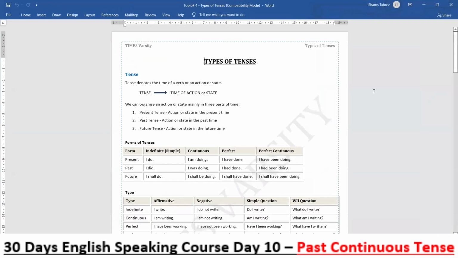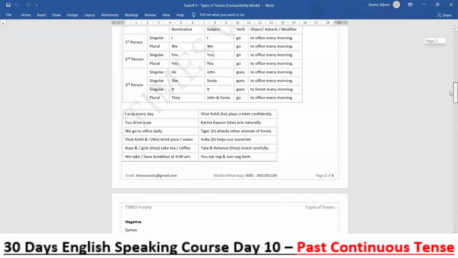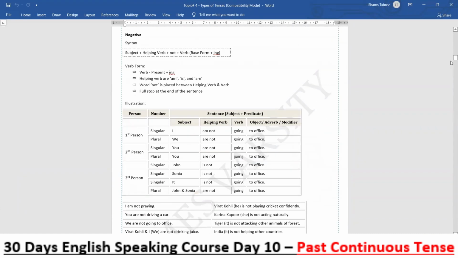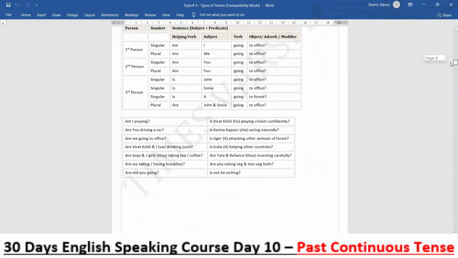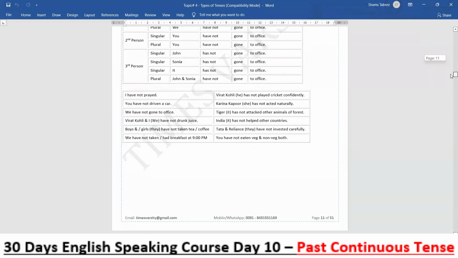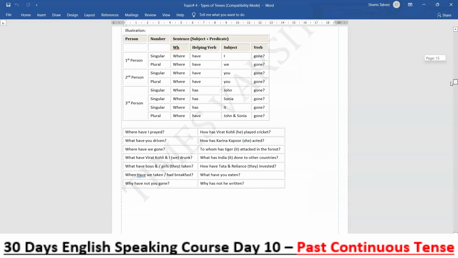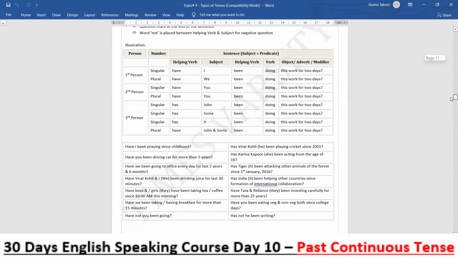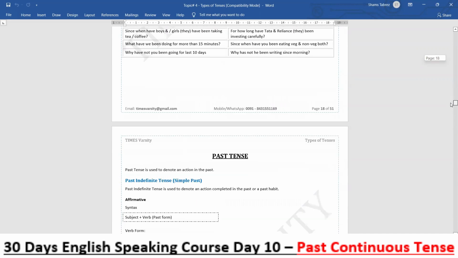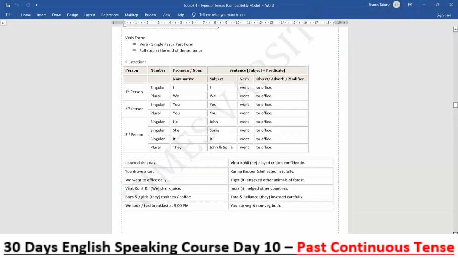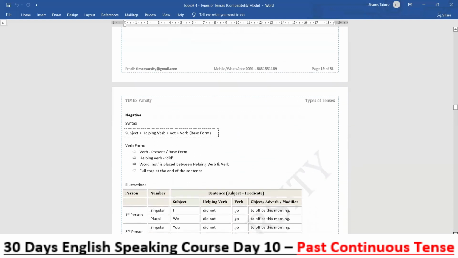Types of tenses. Past tense. In past tense, we are discussing past continuous tense.